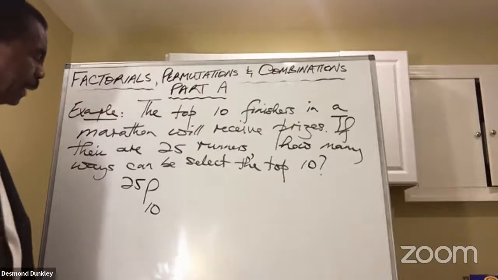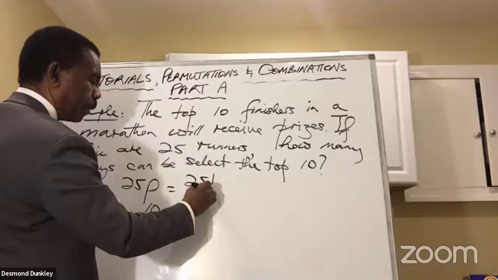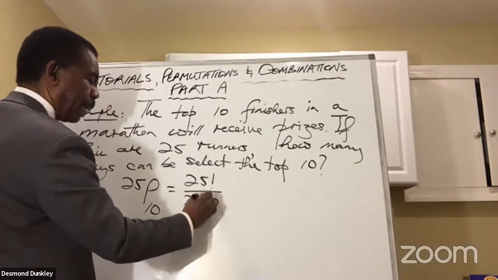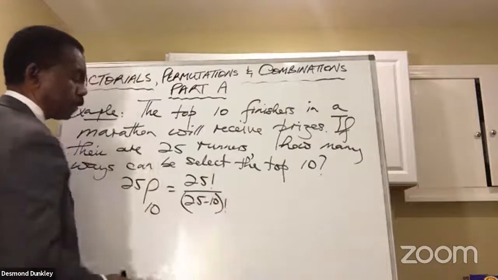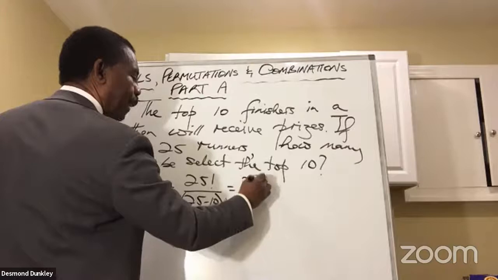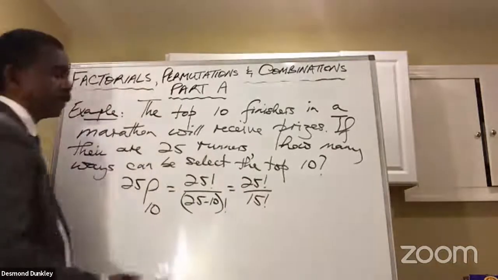25P10. And that, of course, is going to be equal to 25 factorial over 25 minus 10 factorial. That's going to be equal to 25 factorial over 15 factorial.